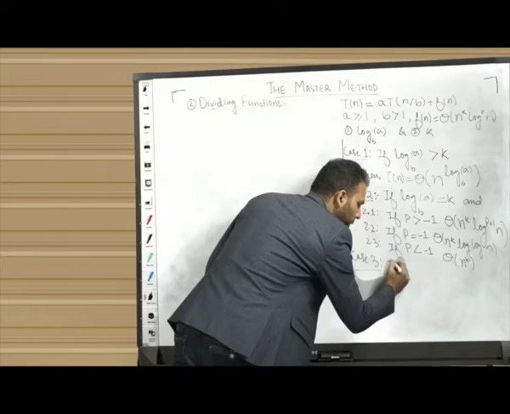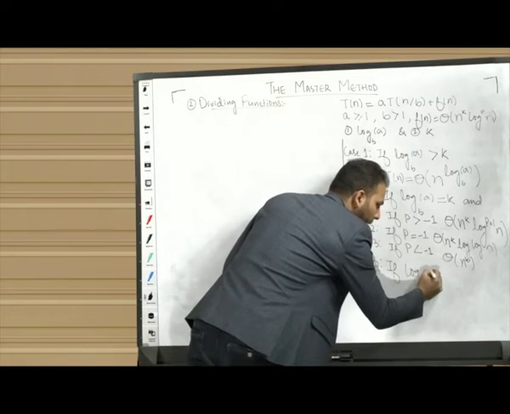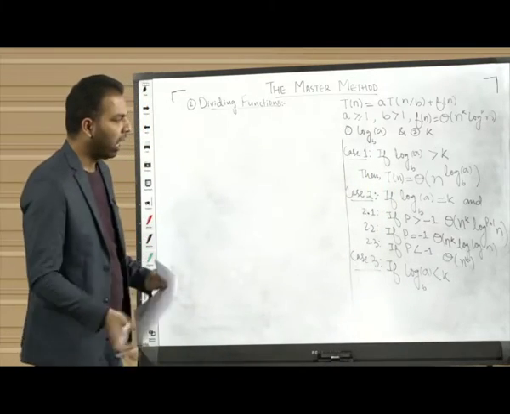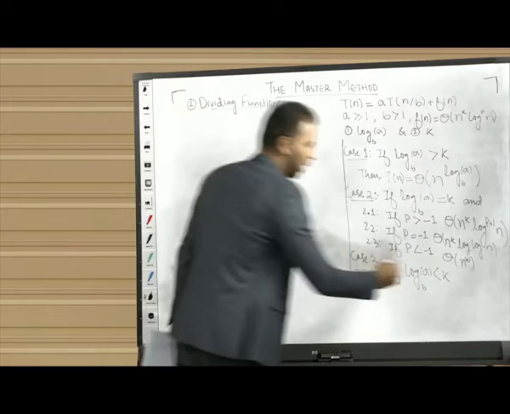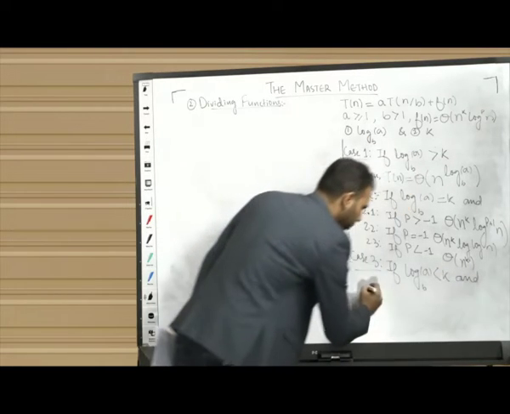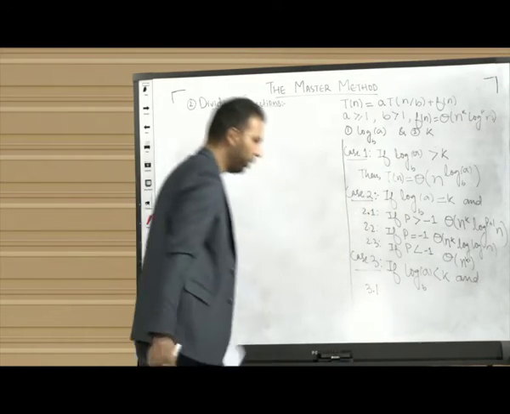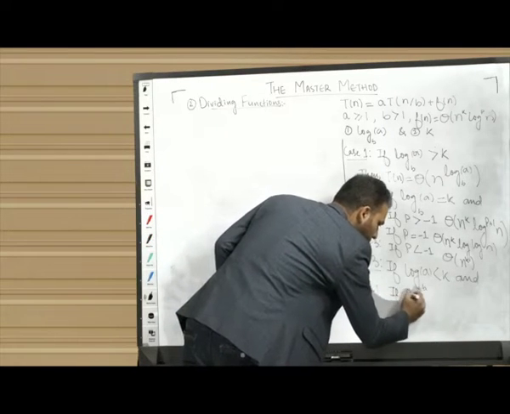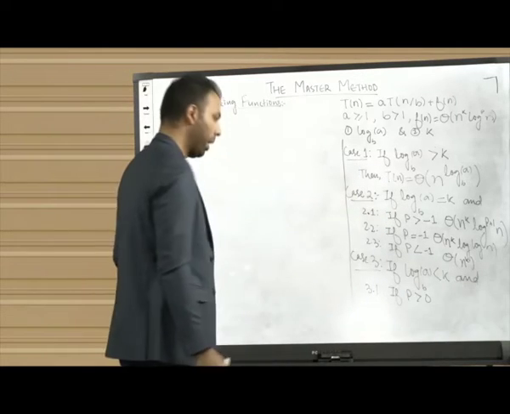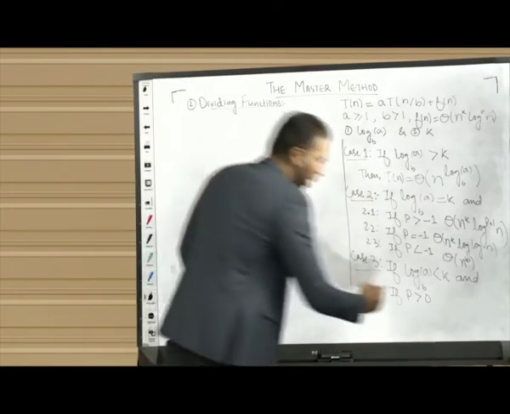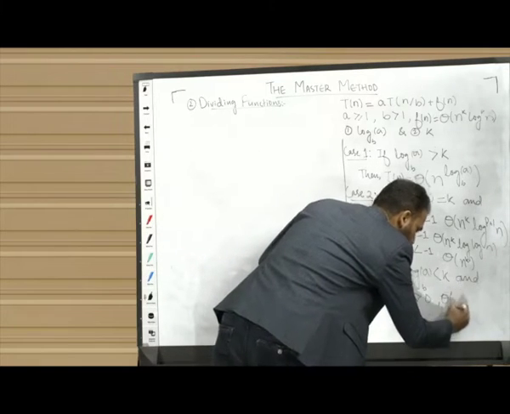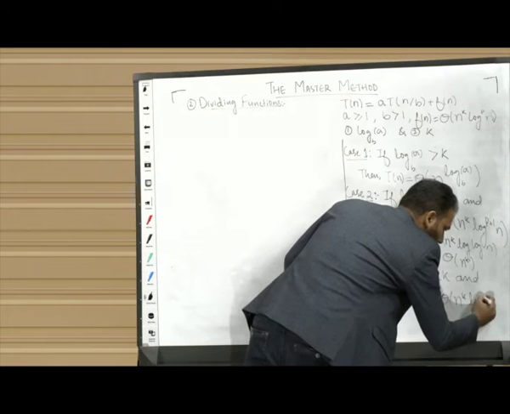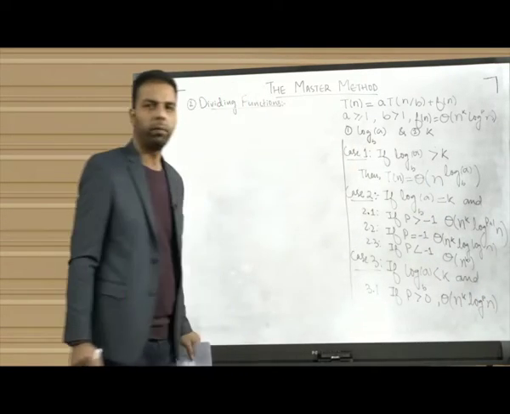So if log a to the base b is less than k, what will happen? Again, we have two subconditions. The first condition is if p is greater than 0, then it will be of the order theta n raised power k log of n to the power p.